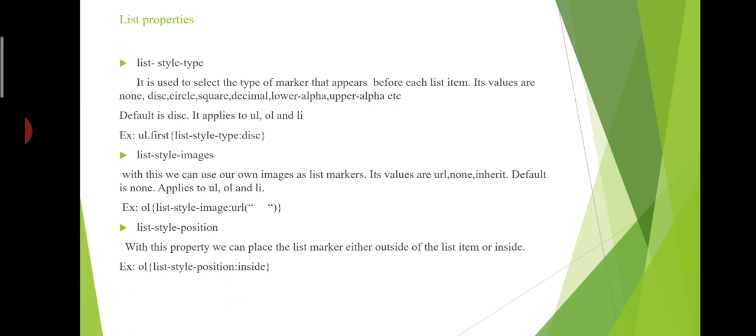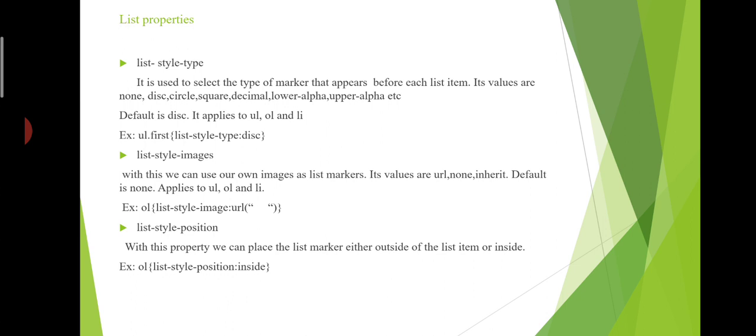Next, coming to list-style-image. In order to set the type of the marker as an image, we can set images as the marker points for our list items. At that time, we can make use of the property called list-style-image. Here the default will be none, and the values used for this property are URL, none, inherit.